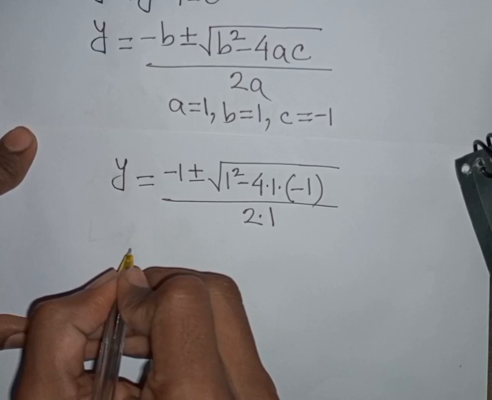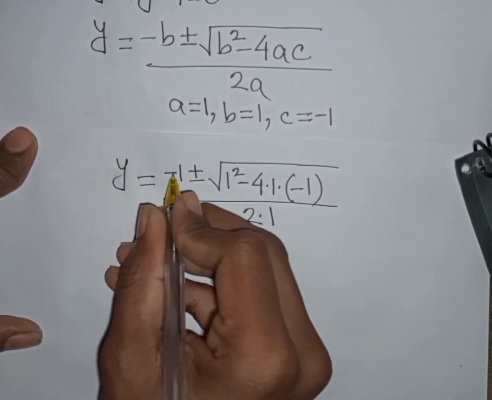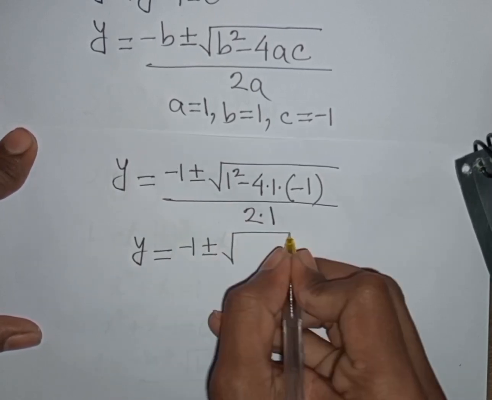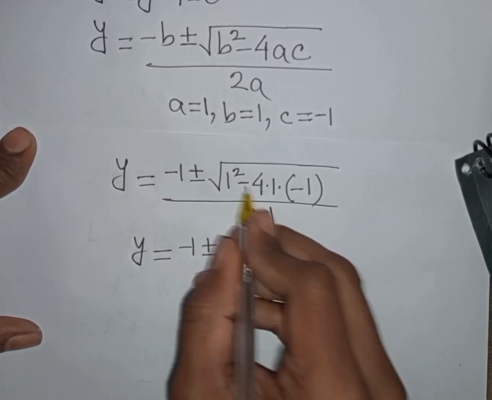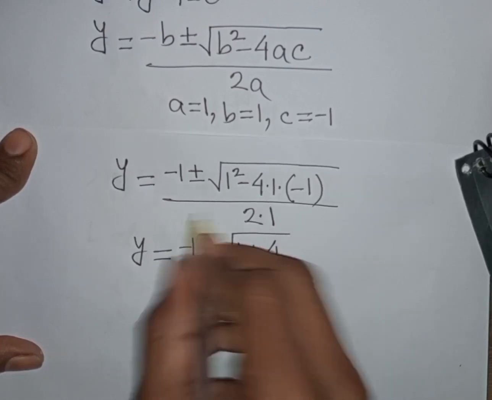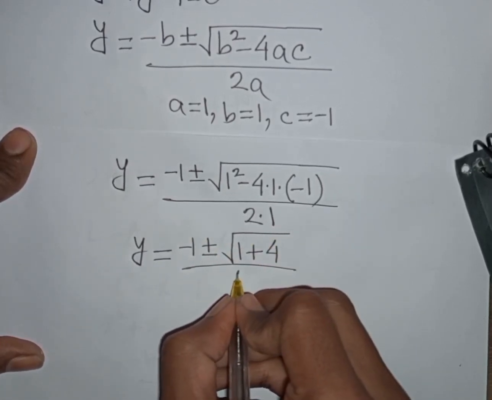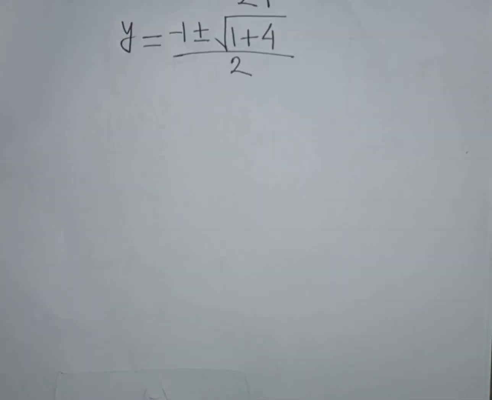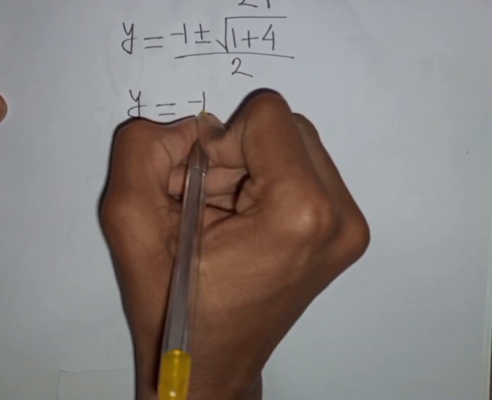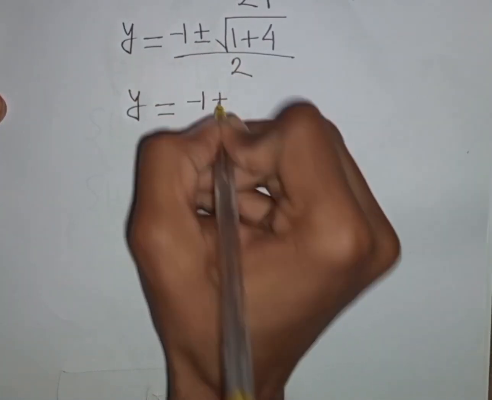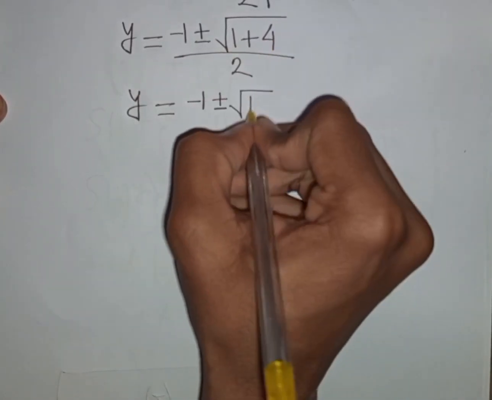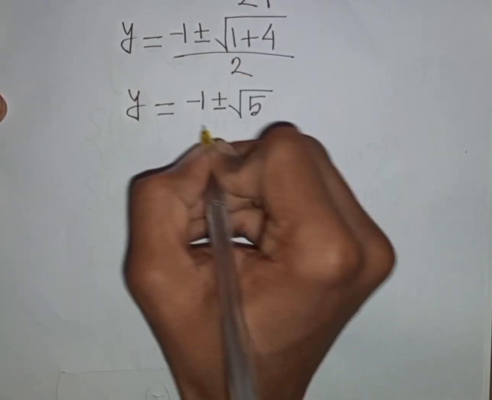Now we can write y is equal to minus b, that means minus 1, plus or minus square root of b square, that means 1 square, minus 4 times a, that means 1, times c, that means negative 1, divided by 2 times a, that means 2. 1 square is 1, then minus times minus will be plus, 4 times 1 times 1 is 4. So y is equal to minus 1 plus or minus square root of 1 plus 4, that means 5, divided by 2.